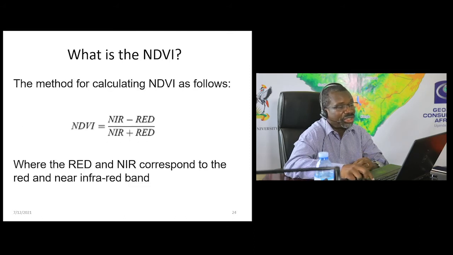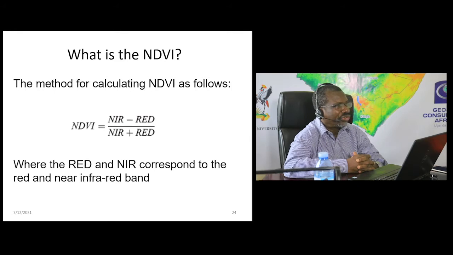This is one of the polarization indices used in simple physics, where the NDVI is the near infrared minus the red over the sum of both near infrared and red.